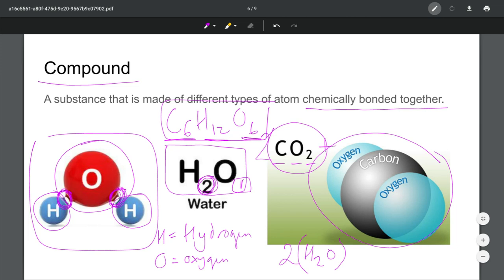So it's similar to maths, but not quite the same. You don't need brackets, as opposed to the little numbers in the formulae, which tell you about the one before. So this 2 is only referring to this hydrogen, and it doesn't mean anything to that oxygen at all.